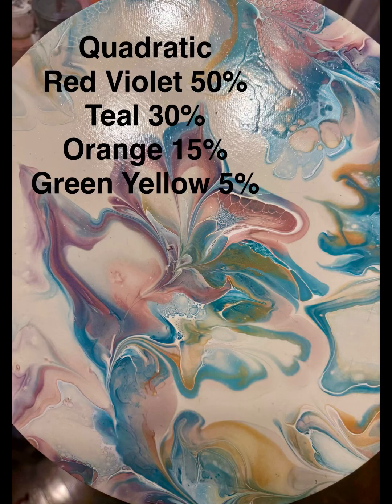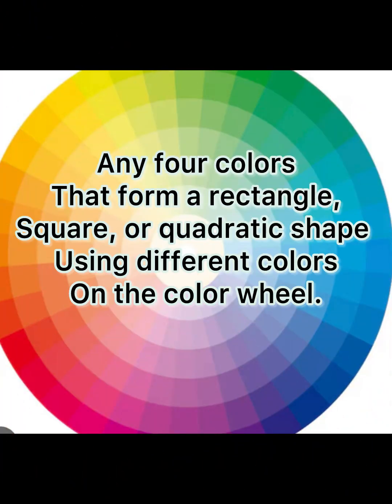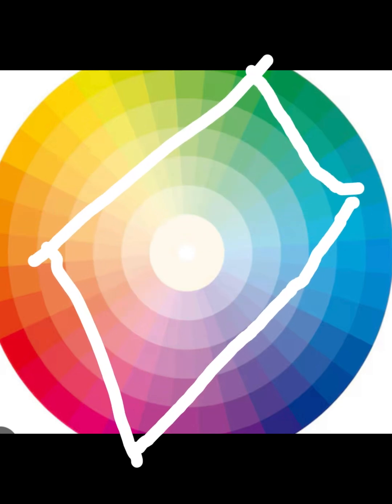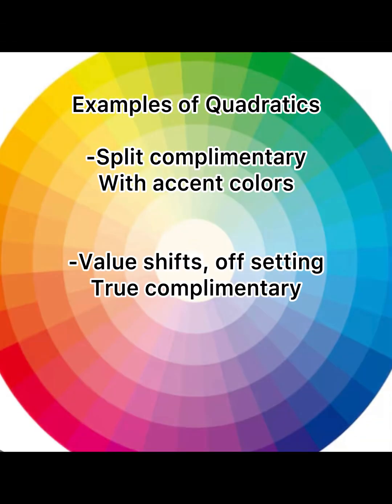Now, another example of quadratic, okay, is any four colors that form a rectangle, square, or quadratic shape using different colors anywhere on the color wheel. You can spin it around, move it around, change the shape, and as long as you have 4 different sections spread around that color wheel, it is quadratic.